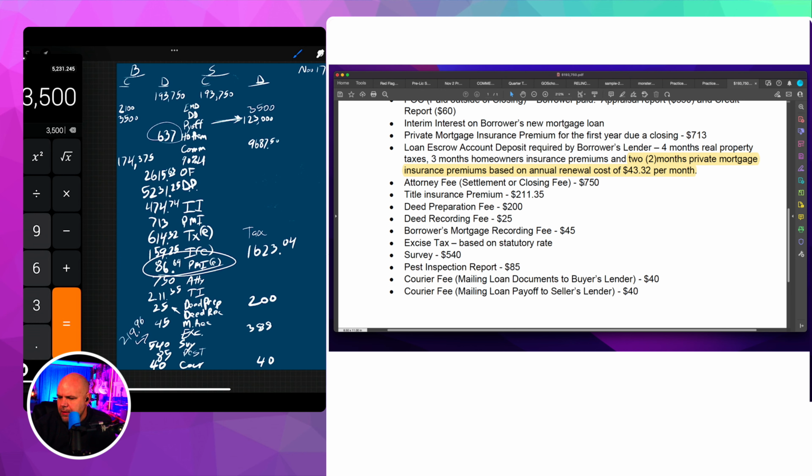So that leaves us with those debits subtracted from the price, $193,750, and I get seller receiving $55,311.46.